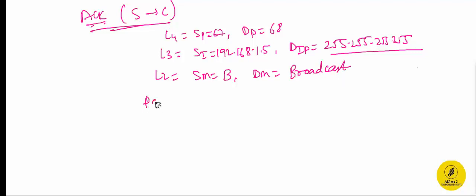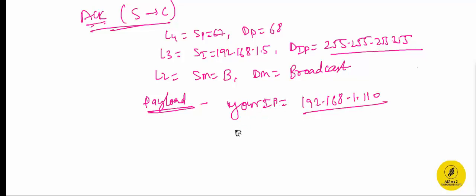In the payload, the actual data of this acknowledgement will contain the IP address that the DHCP server has offered. So it will have the your IP 192.168.1.110, and it will also have the client's MAC address just to confirm that you are the right client receiving this.